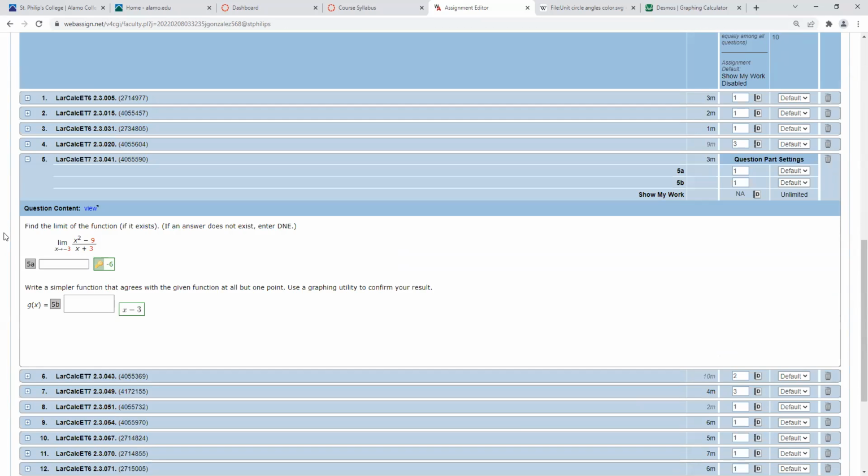Okay, so this guy can be factored, right? Something's going to cancel. See it? Number 5, 2.3. Let me write it down.